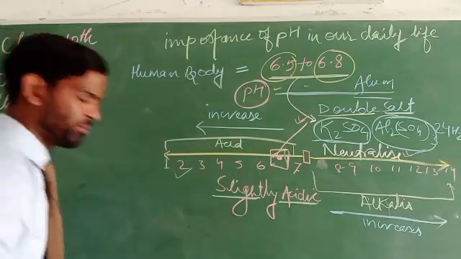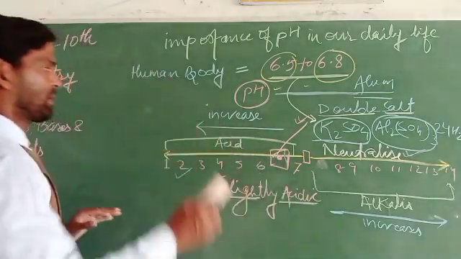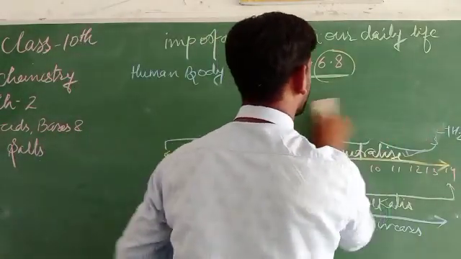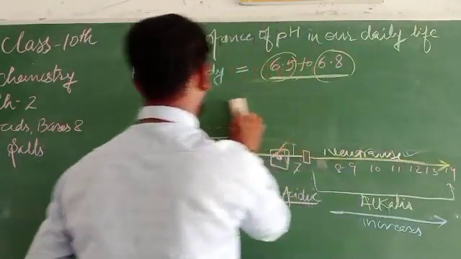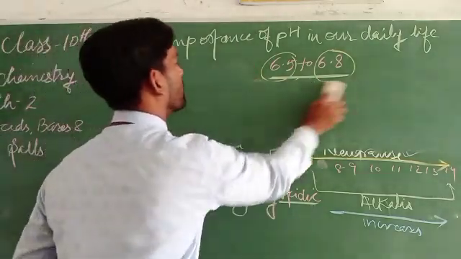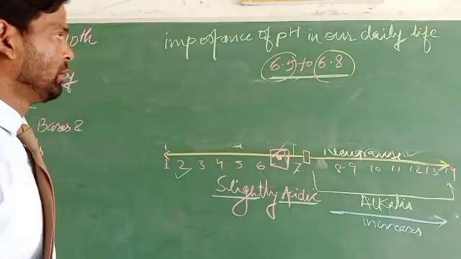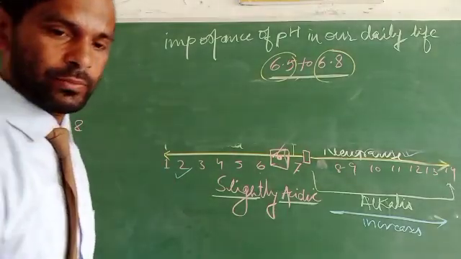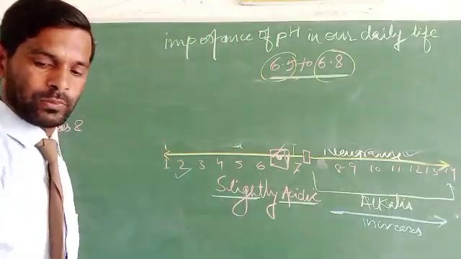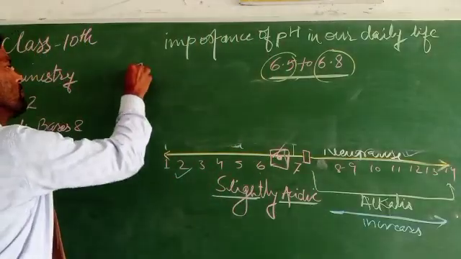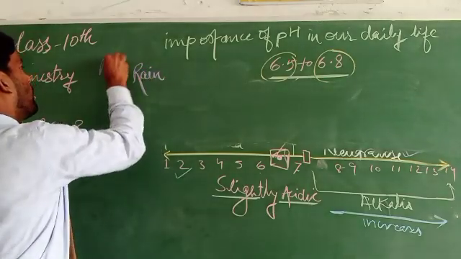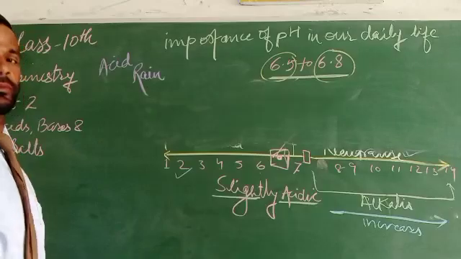So what is the range of the acid which is present in rain? We will discuss it. The rain can be called acid rain.